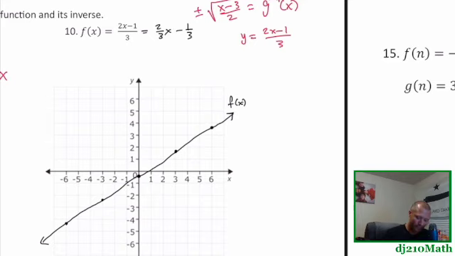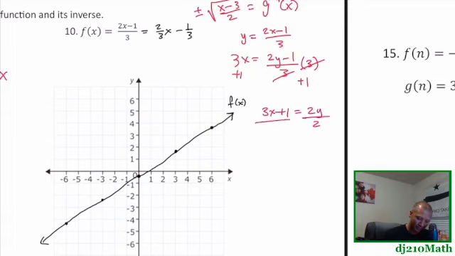Either way, I swap x and y: x is equal to (2y minus 1) all over 3. Multiply both sides by 3. Cancel, cancel. I'm going to add 1. So 3x plus 1 equals 2y. Divide everything by 2. Cancels on the right. So f of x inverse is equal to (3x plus 1) all over 2.